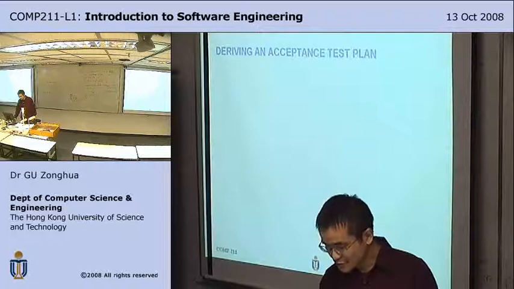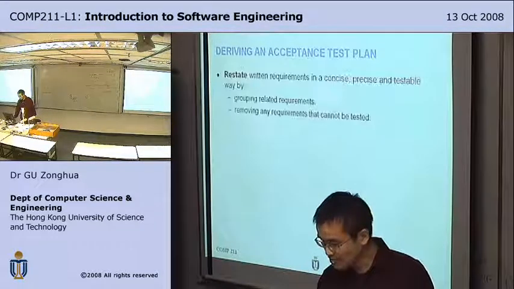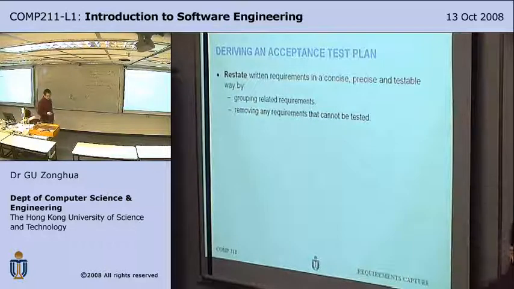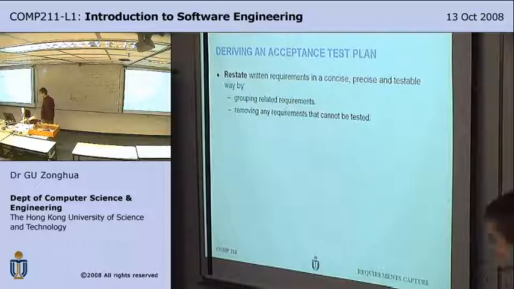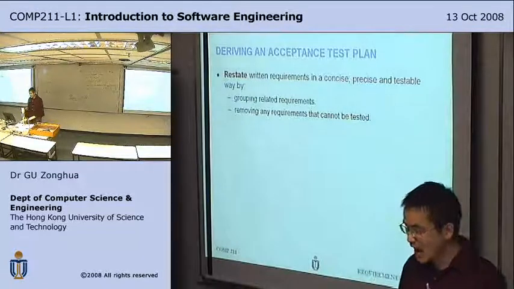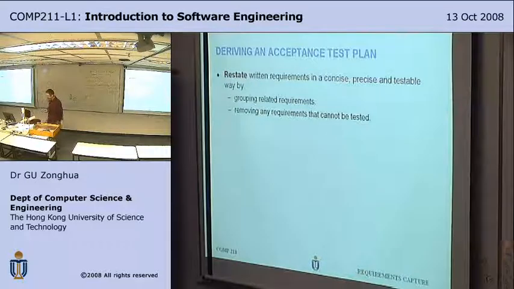So how do you derive an acceptance test plan? You take the requirements, and specifically the flow of events of use cases, and restate them in a concise, precise, and testable way.